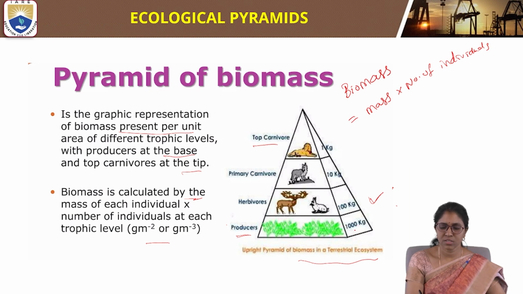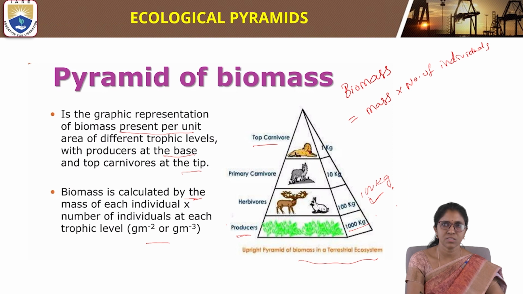In this pyramid, producers have 1,000 kg of biomass, herbivores have 100 kg of biomass, primary carnivores have 10 kg, and top carnivores have 1 kg. So biomass is calculated from the mass of each individual times the number of individuals, so it depends upon both the mass as well as the number of individuals.